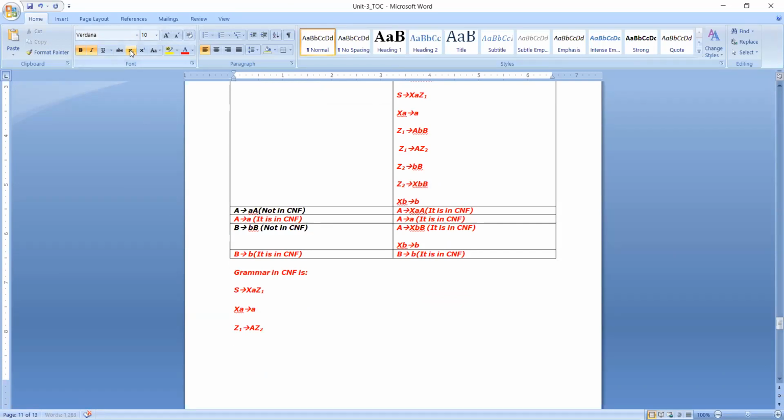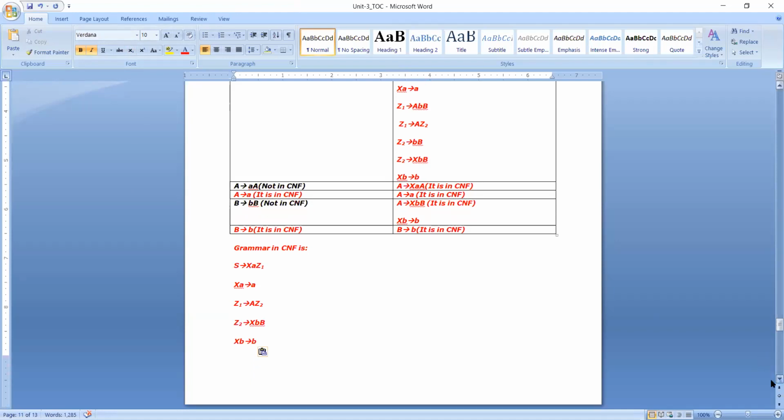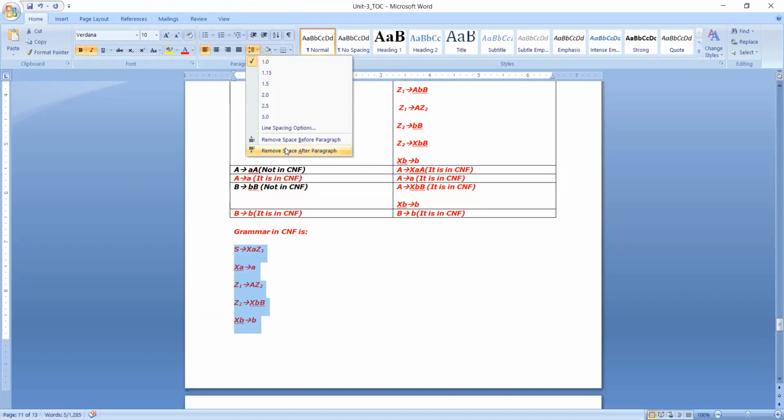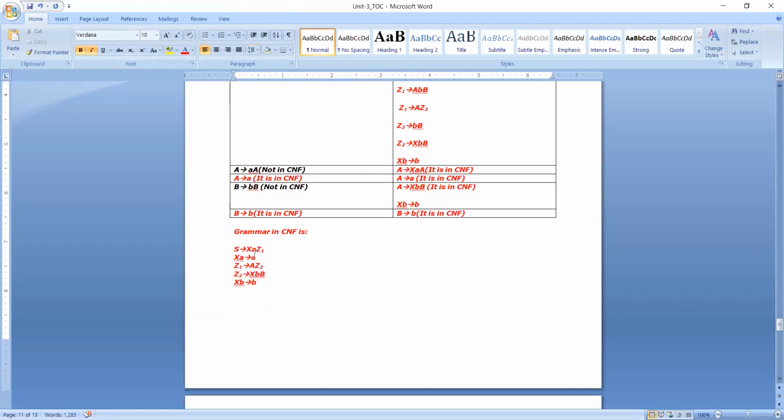So we have Z2 and XB productions also. These are the productions which we get after converting the S productions. These are the various productions resulting after converting our grammar into the required normal form.